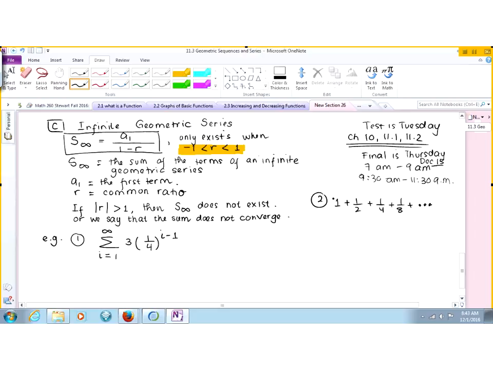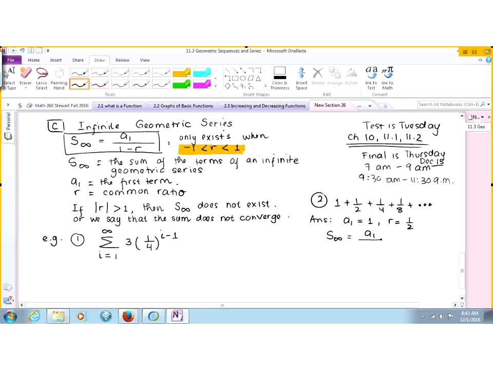All right. So how do we do number 2? Okay. So answer. Do we have an A1? Yes. What is it? Do we have an R? Yes. So does the S infinity exist? The sum to infinity? It exists? Yeah, okay.